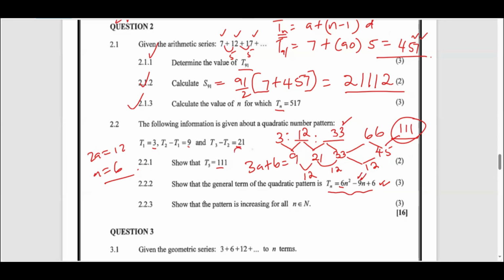And then A plus B plus C should be equated to 3. Now, if your A is 6, your B is negative 9, that's going to be negative 3. You move the 3 that side, you get a positive 6.